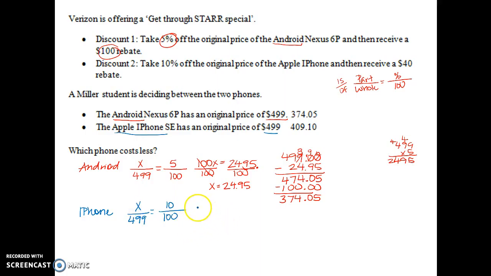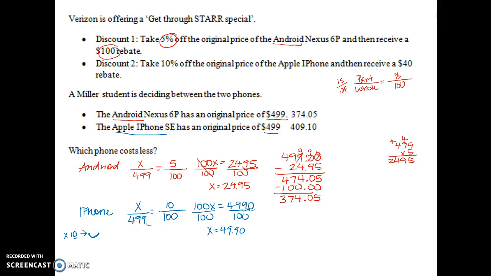Now I have 100x equals, and if you multiply times 10, so my trick is times 10, you move your decimal one place to the right because there's 1 zero. So one place to the right would put me at 4,990. Then you divide by 100. There's 2 zeros. So I move it 2 places to the left. 1, 2. So x is 49.90.